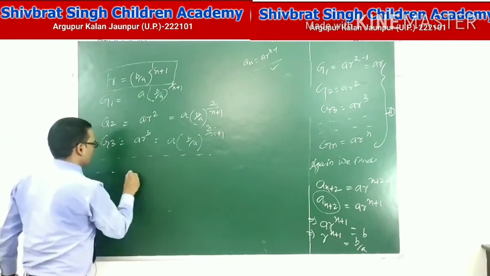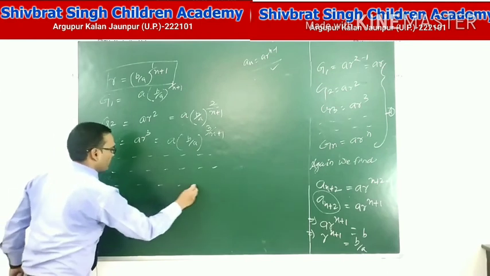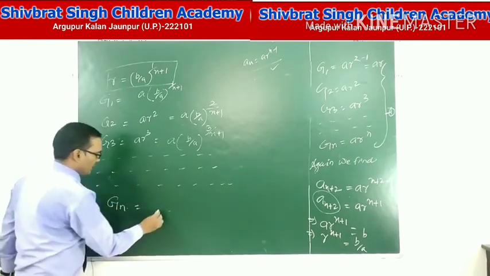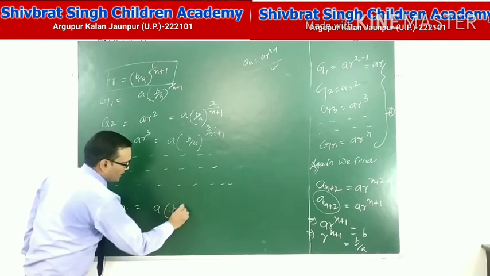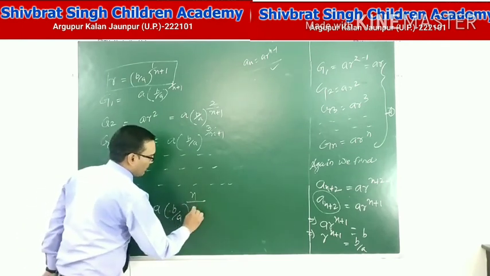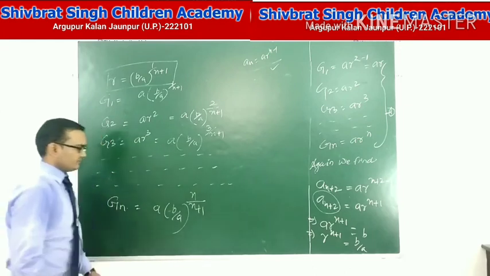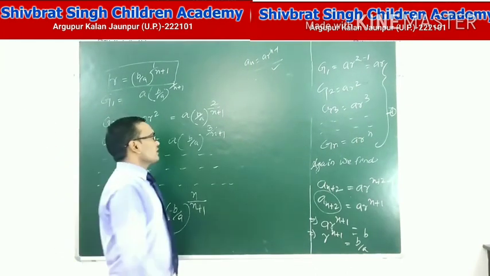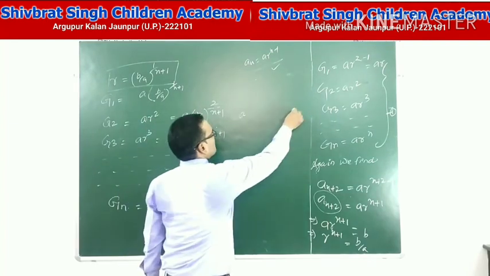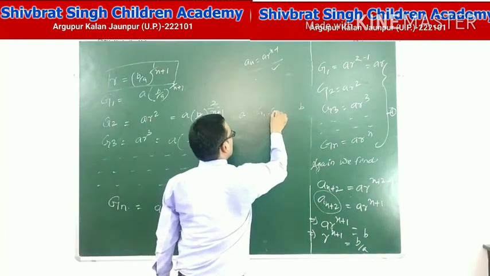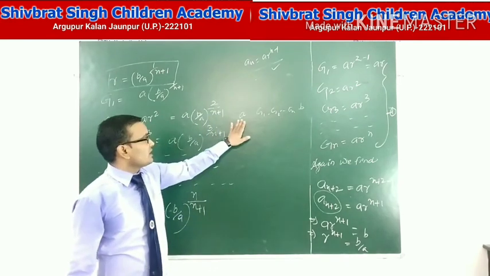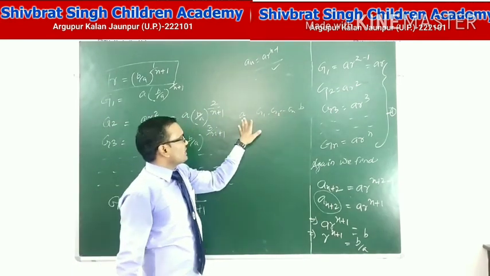In a similar way, we find the value of Gn equal to a times b upon a to the power n upon n plus 1. We can insert G1, G2, and so on up to Gn as the geometric means between two positive numbers a and b.